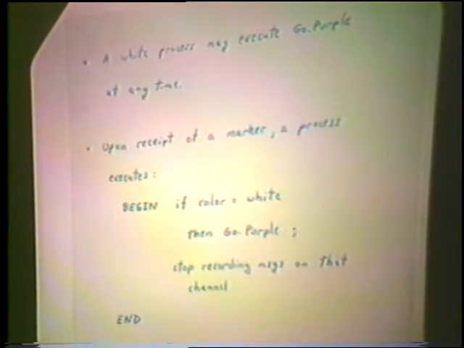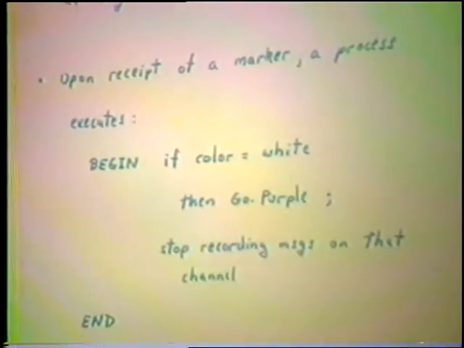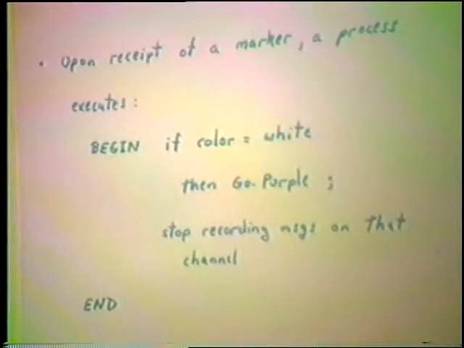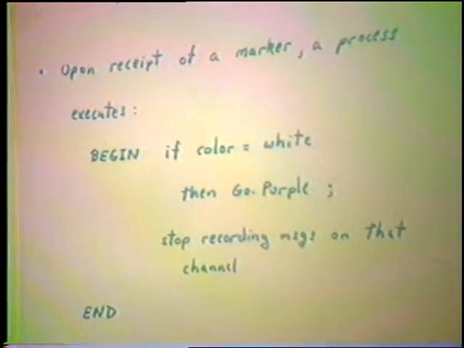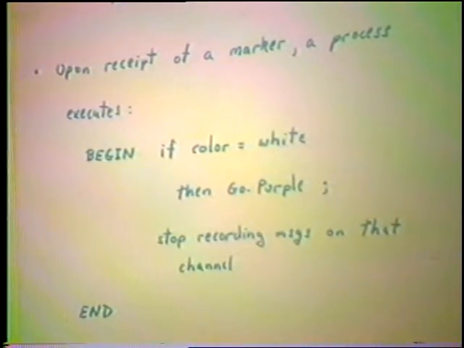Okay, then the only other thing I have to worry about is what happens when a process receives a marker message. When it receives a marker message, it does the following. If its color is white, then it executes the go purple subroutine.